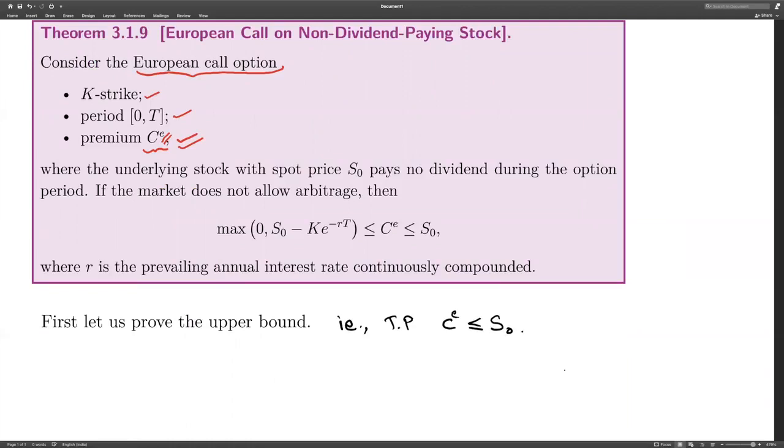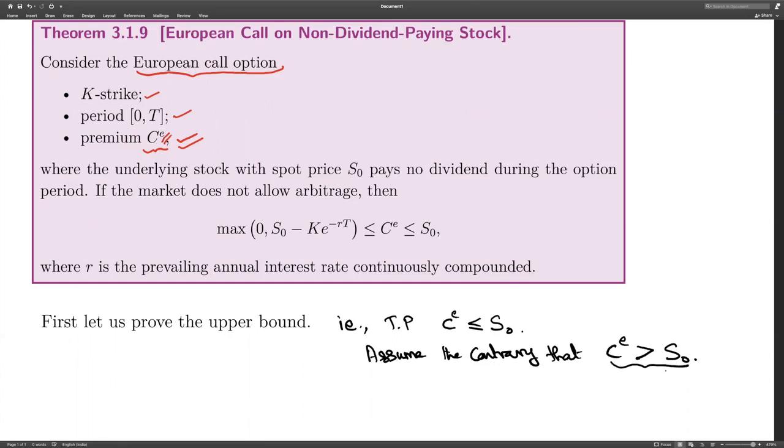How generally we prove it? Assume the contrary, that CE is strictly greater than S0. Now, you construct an arbitrage portfolio in such a situation, and that will contradict the no arbitrage assumption. Well, what is meant by this assumption?